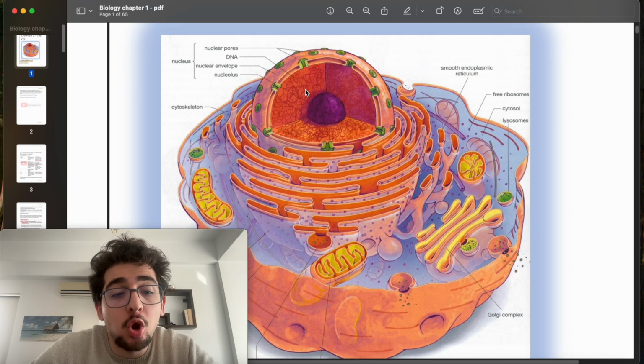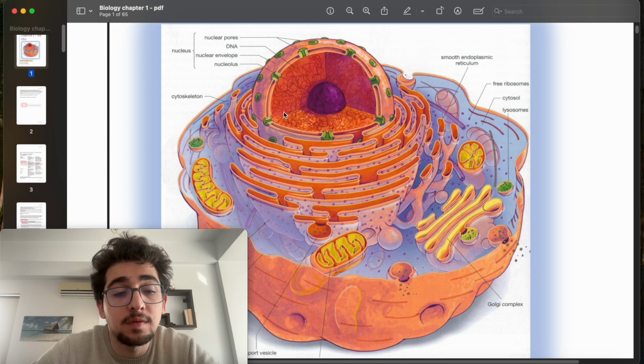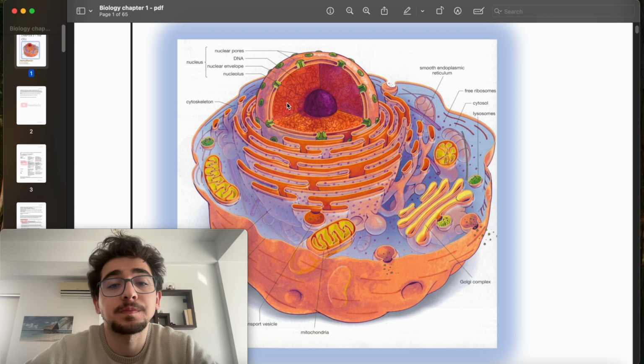That's why when we describe this here, we just describe it as chromatin, but not chromosomes. In order to fit in the nucleus, it needs to be in the thin form of chromatin instead of thick chromosomes.